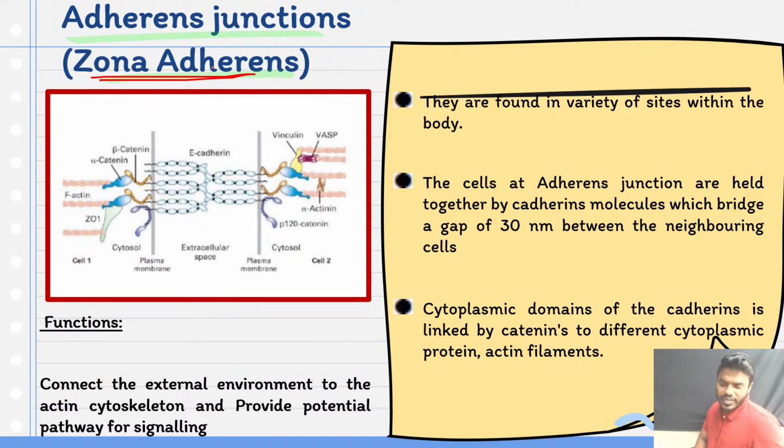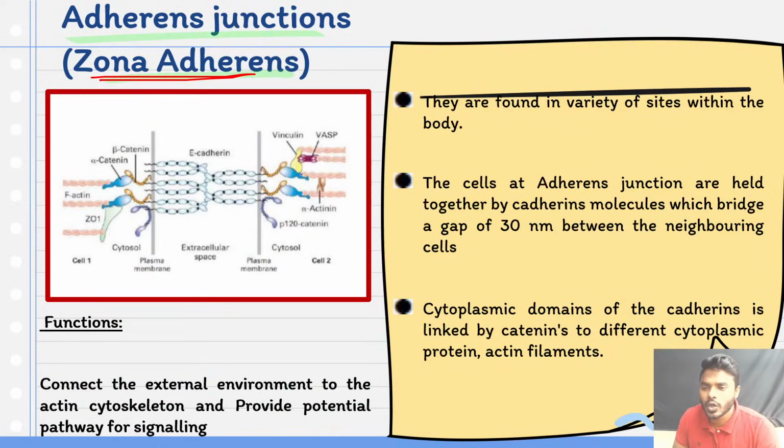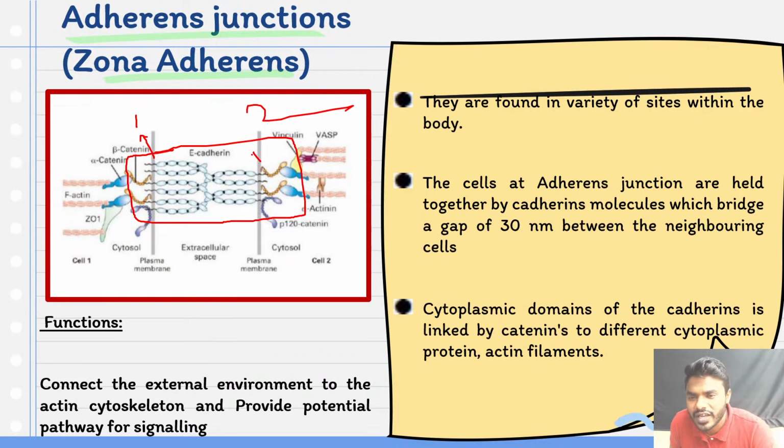What is the first statement? Every student has to keep it in mind when reading about the adherens junction. It is responsible for cell to cell attachment and it has a transmembrane protein, cadherin. Look into this. This is one cadherin. This entire molecule is cadherin. This is cell 1, cell 2. So one cadherin present in one cell can be associated with another cadherin.